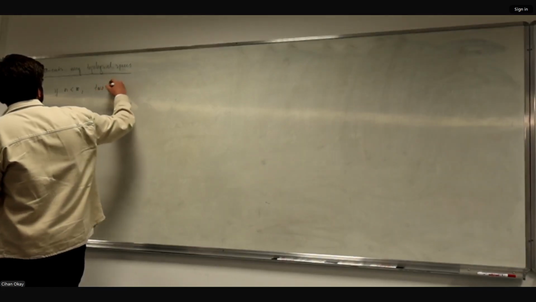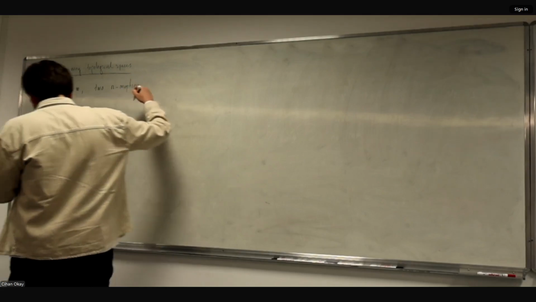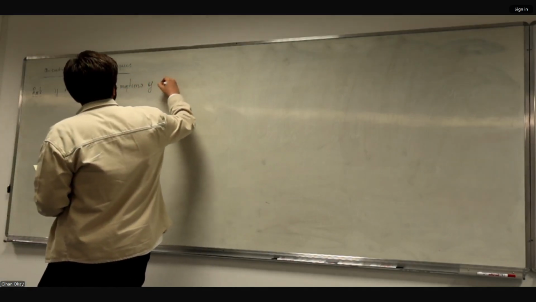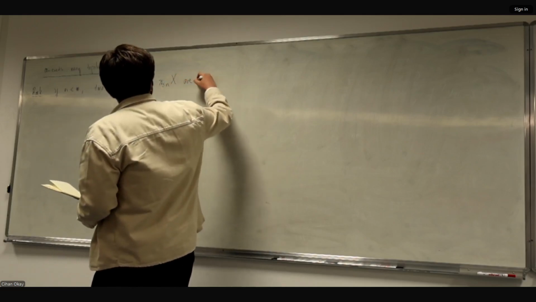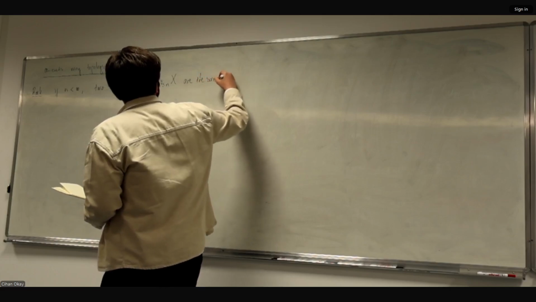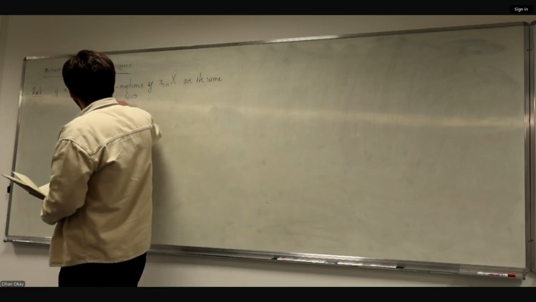So let's say 2n morphisms of this thing are the same if and only if they are homotopic.